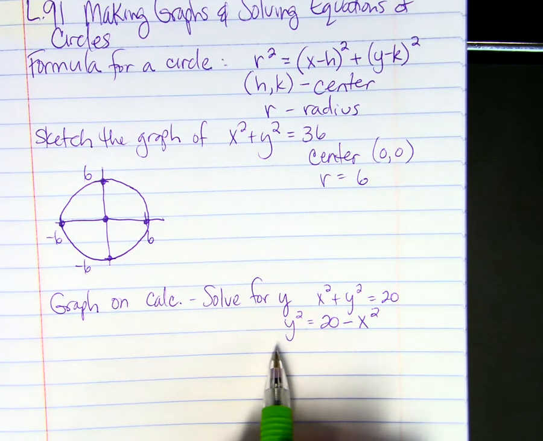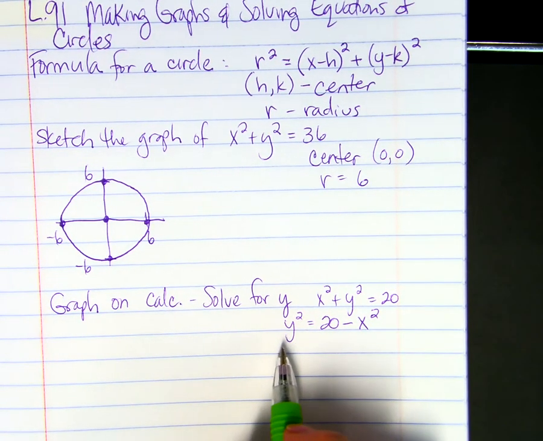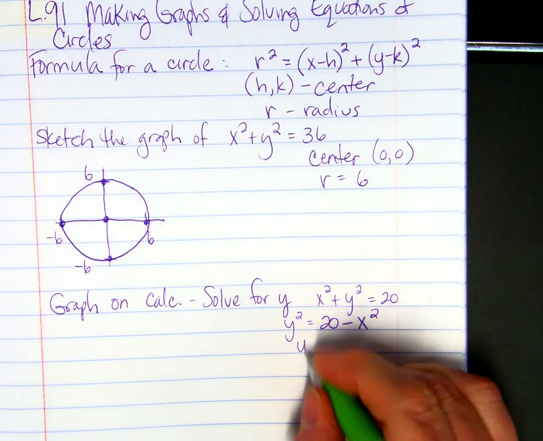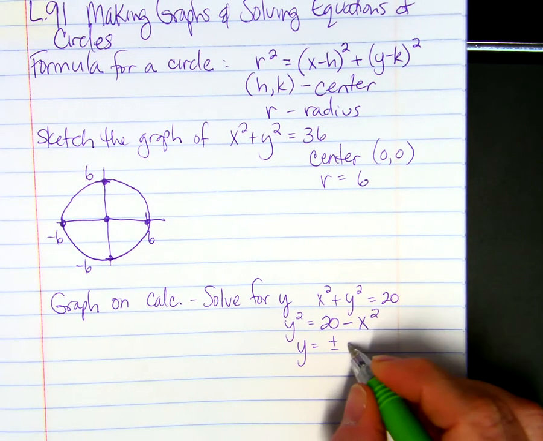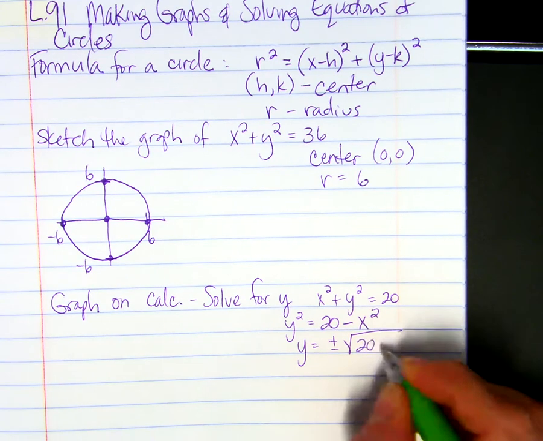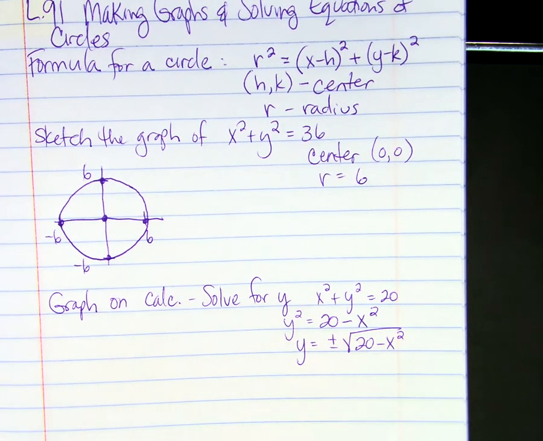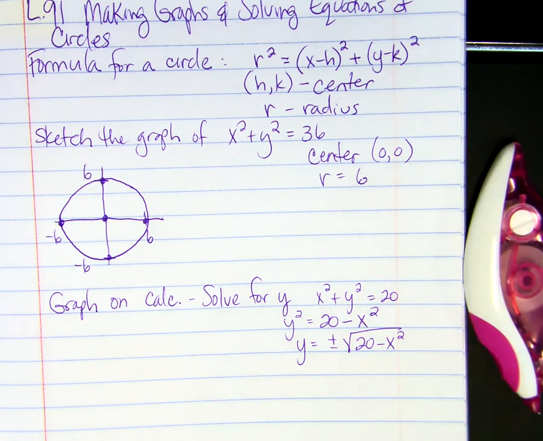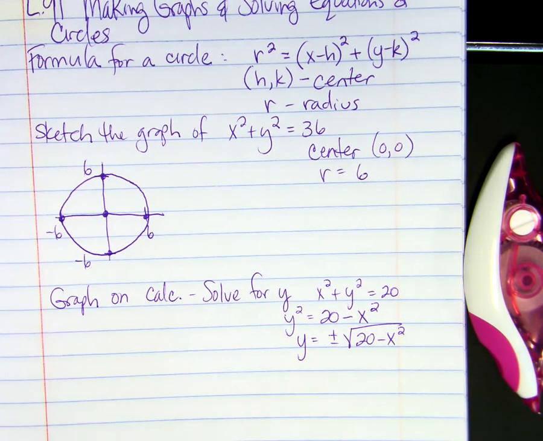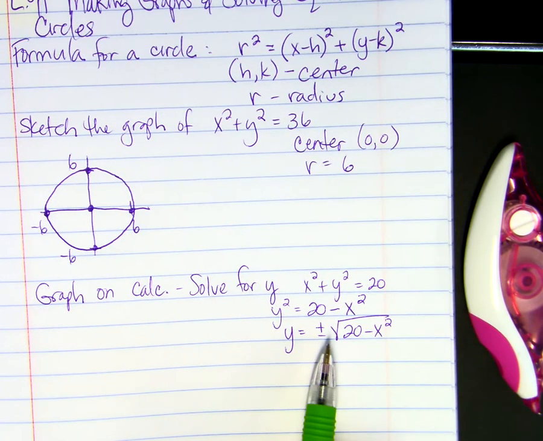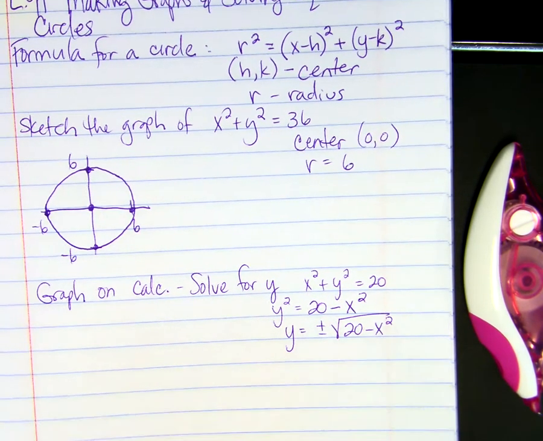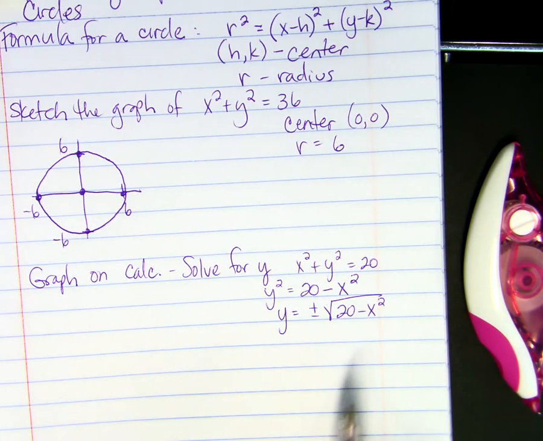Then you have to remember that when you take the square root of both sides, you get a plus minus here. So y equals the positive and negative square root of 20 minus x squared. If you just do the positive, then you only get half the circle. So you'll have two different graphs, a positive one and a negative one.